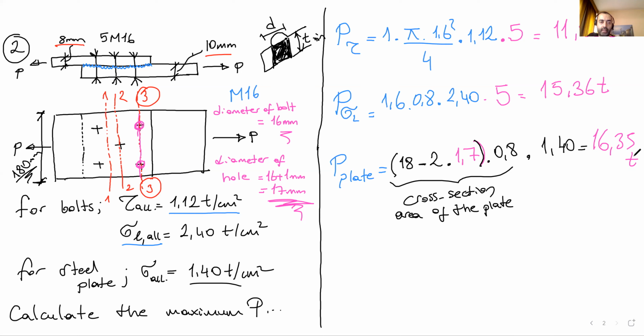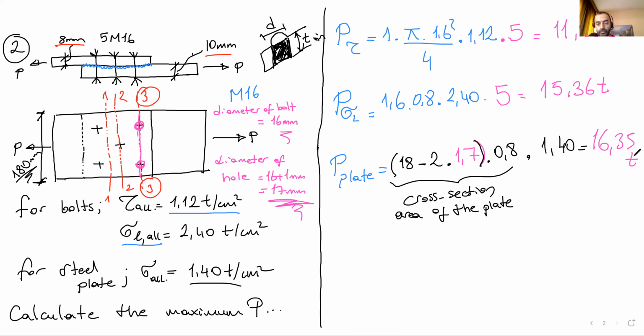Which one is my connection's capacity? We have to decide this. Actually, you can calculate all these capacities, but if you don't decide the correct capacity, everything is wrong. Because your structure will fail, your connection will fail. That's why you have to be careful while we are deciding the total capacity of the connection.